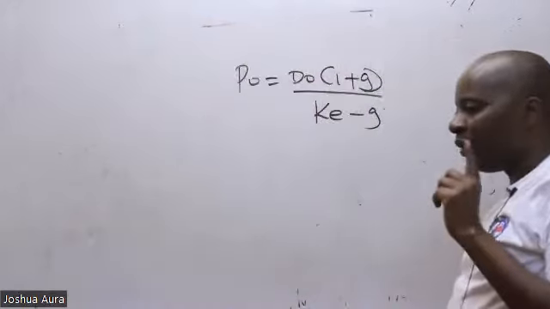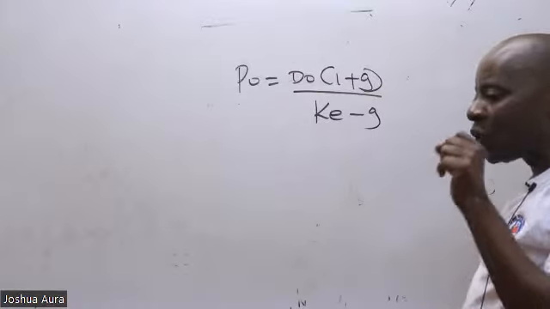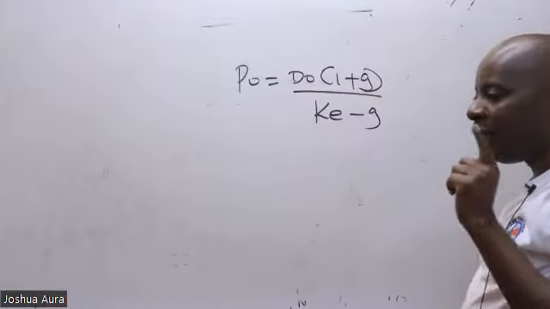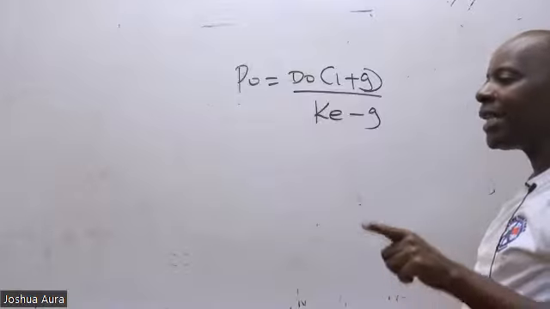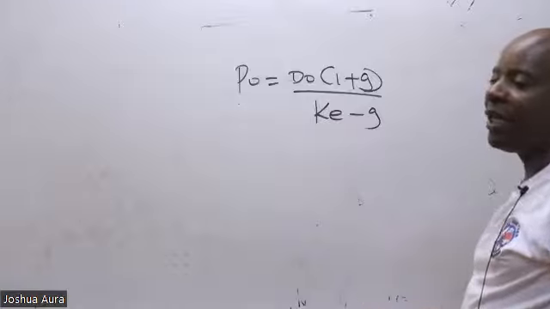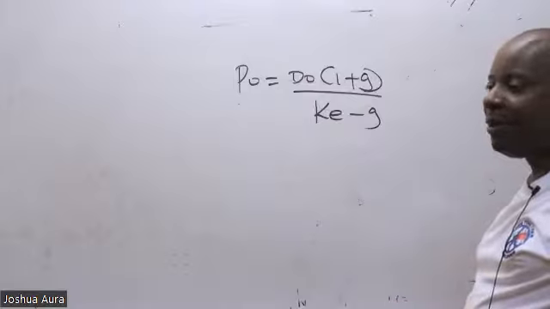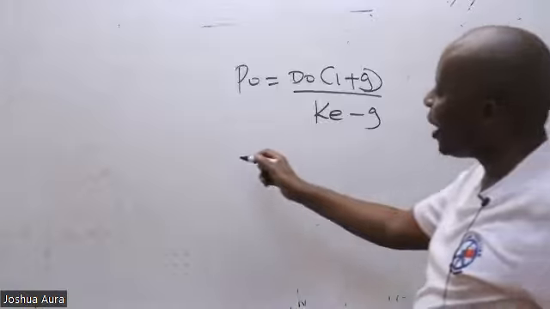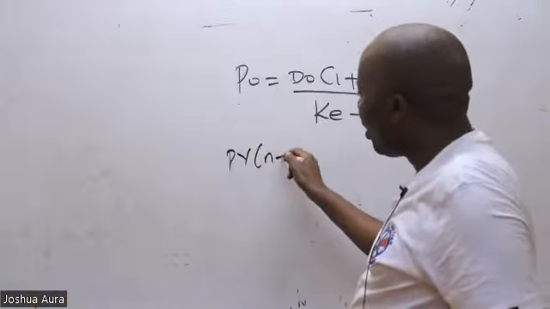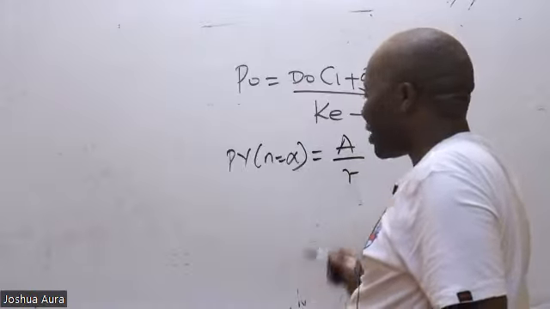Remember, this share that you're buying today, you're going to be getting dividends, and the dividends are indefinite. Because they are indefinite, this is the formula we are using here: present value, when n is infinity, equals amount over R.